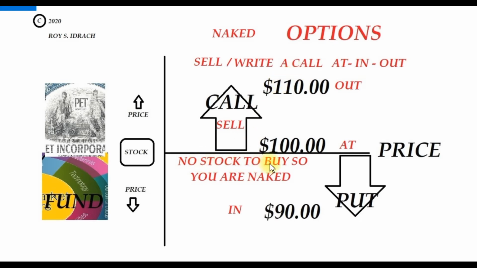You don't have to own the stock. No stock to buy. So when you sell a call like that, they say that you are naked. The reason that they say you are naked is because you don't own the stock, right? Therefore, if you have no stock to buy, you are naked.